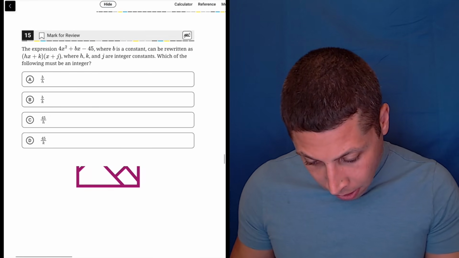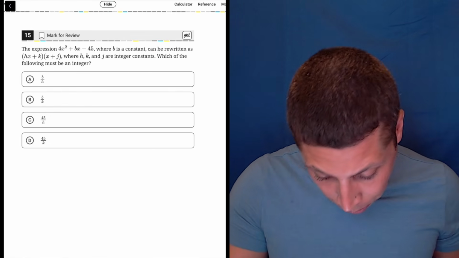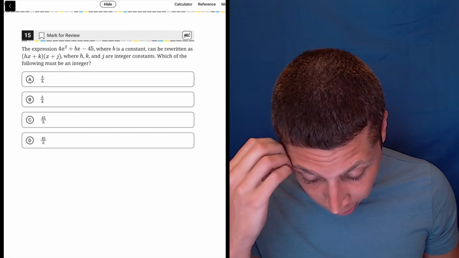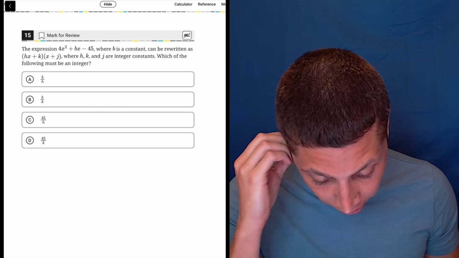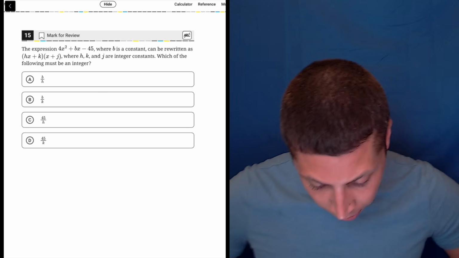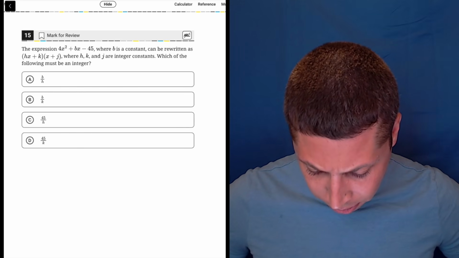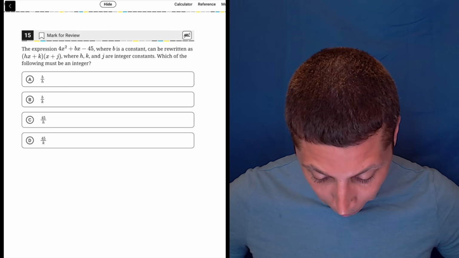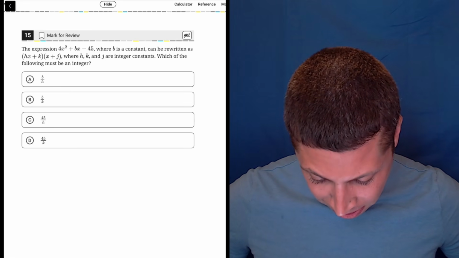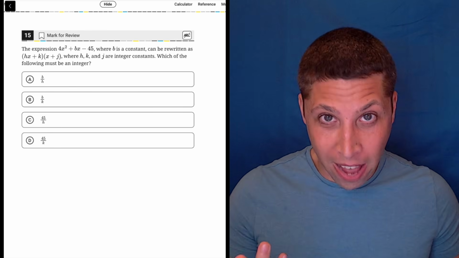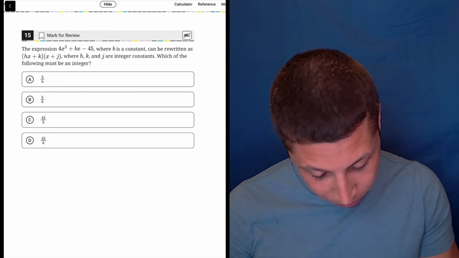Okay. All right. This expression, where a is a constant, can be rewritten as that, where h, k, and j are integer constants. Which of the following must be an integer? Okay. h, k, and j are integer constants. So what the heck is going on here? I guess h has to be 4, right? So we're just factoring. Why don't I just factor, or FOIL, this rather?